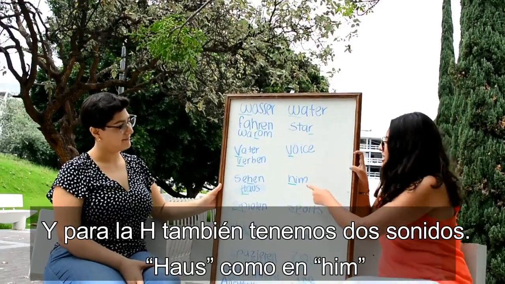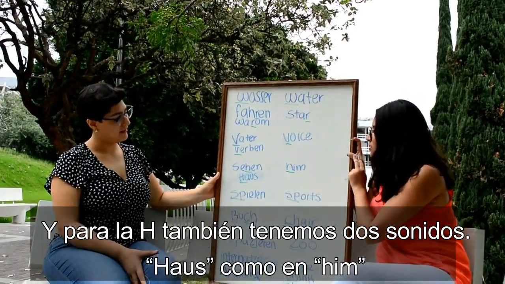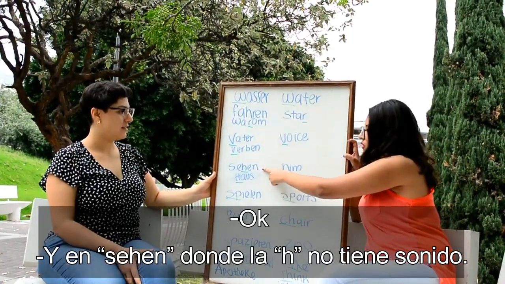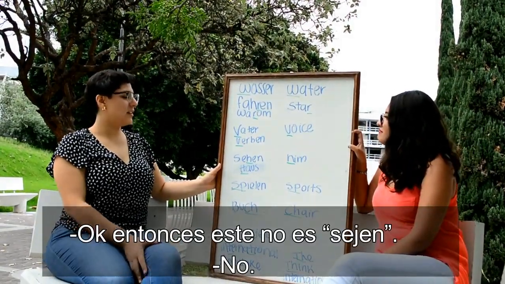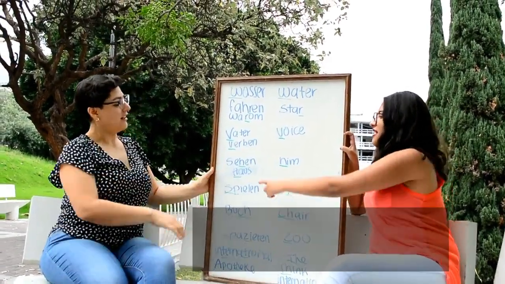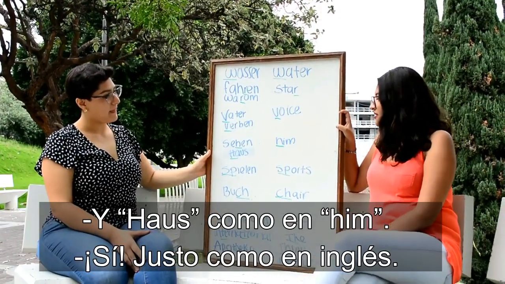And for the H, also we have two sounds. Haus, like in him, and sehen, where the H has no sound. Okay, so this is not sehen? No, it's sehen. Yes, and Haus, like him. Yes, just like in English.